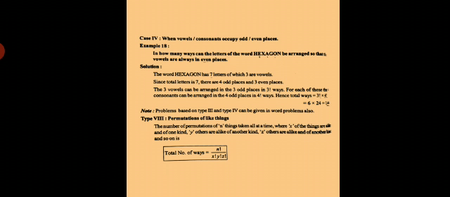Permutation of like things: the number of permutations of n things taken all at a time, where x of the things are alike and of one kind, and y other things are alike of another kind, and z others are alike and of another kind, and so on, is here.